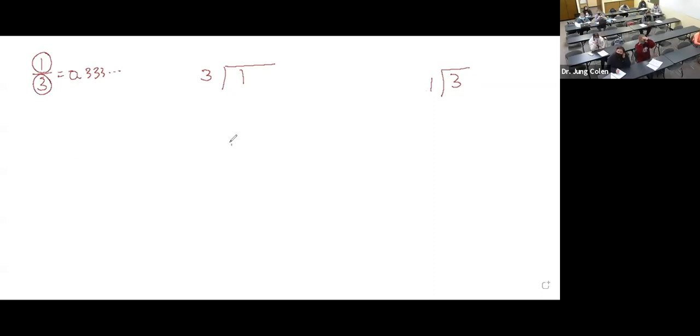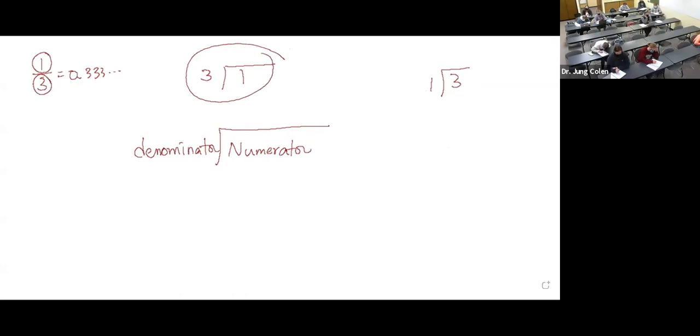So the numerator becomes the dividend, and the denominator becomes the divisor. Okay? Please make sure.